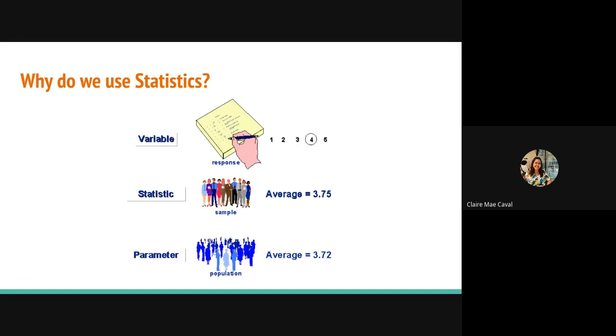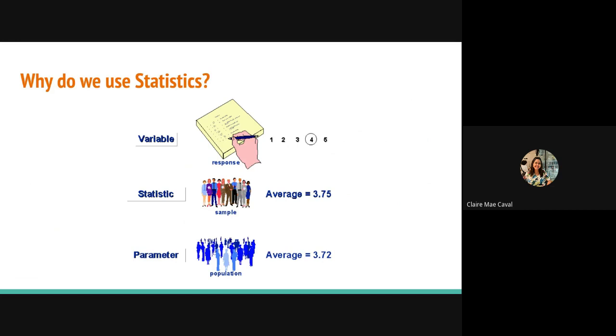Why do researchers prefer to take samples out from the whole population rather than conducting investigation using the whole population? And also, why do we use statistics or sample measures instead of parameters?